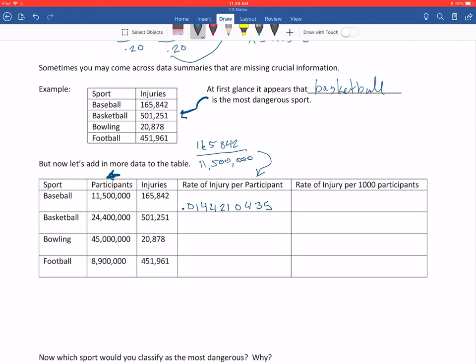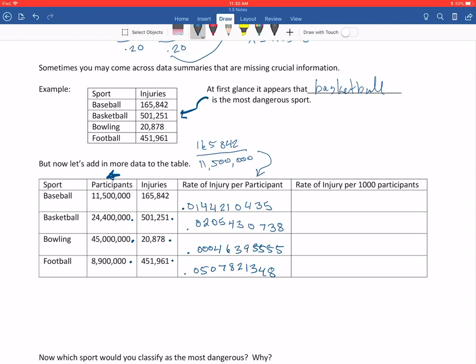So for each one of these, take the number of injuries and divide them by the participants, and do that for each one of these. Those are the numbers that I get. Make sure that you get those same values.